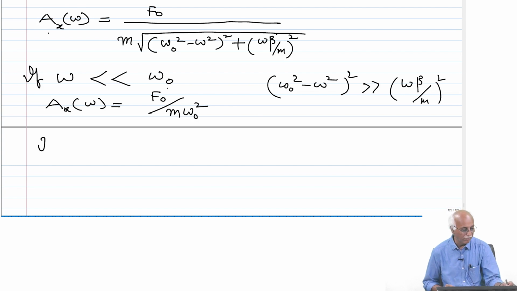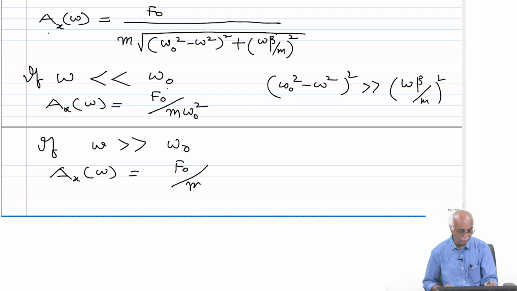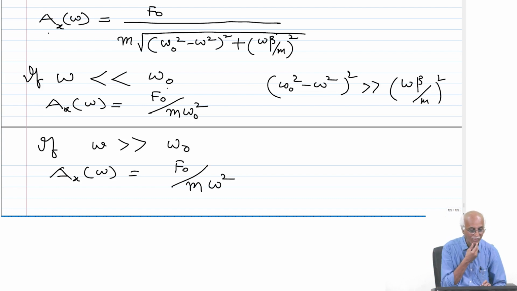And if omega is much greater than the resonance frequency, then x omega can be given by this. These are the two aspects.